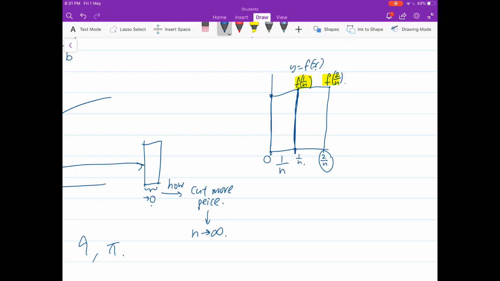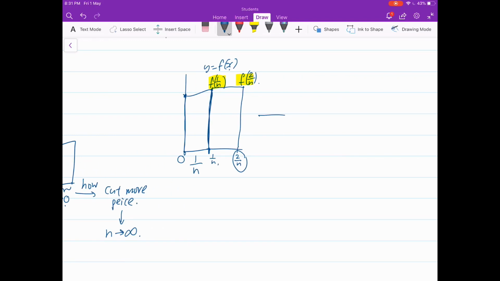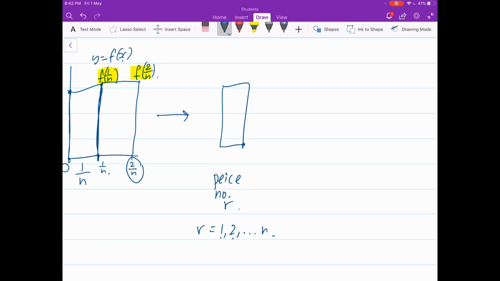That means for whatever piece I'm taking, let's say piece number n, and then n could be the first piece, second piece, all the way to the nth piece. Okay, let's not confuse ourselves. Let's say piece r. So the base is 1 over n, and the height is f(r/n).